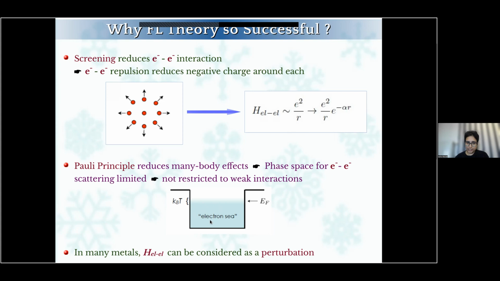If we try to excite an electron deep down from the Fermi sea to outside, it will cost a lot of energy. So that kind of scattering will not be applicable at low energy. The phase space restriction argument is not restricted to weak interactions alone, and it helps to reduce the many-body effects. Hence, we find that in many metals, electron-electron interaction can indeed be considered as a perturbation.